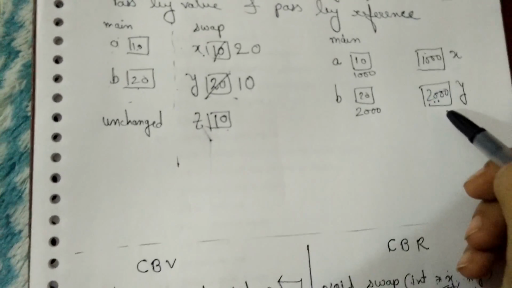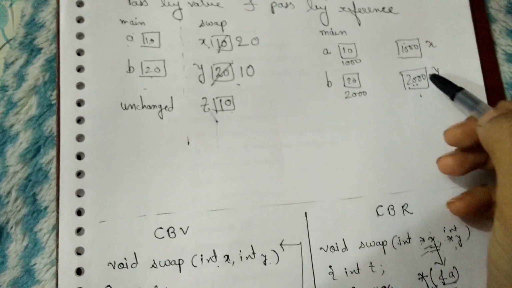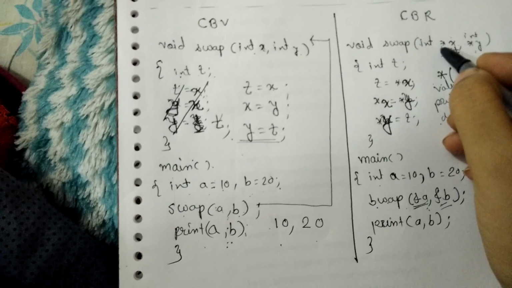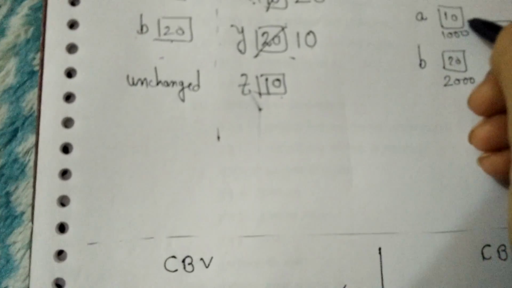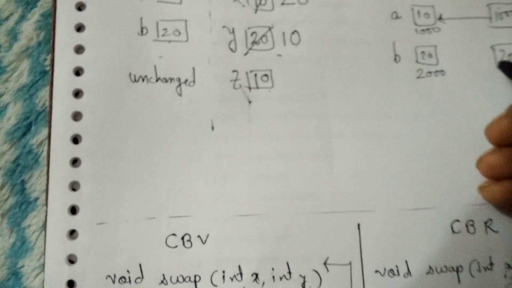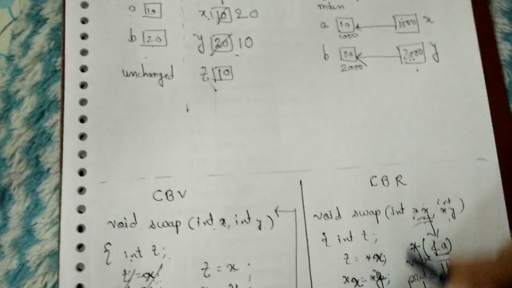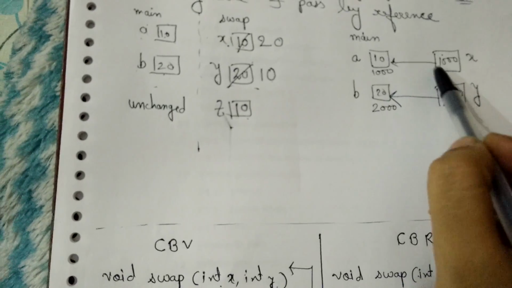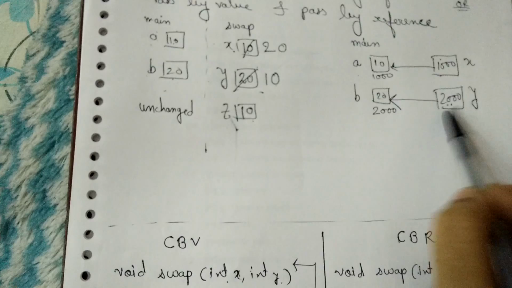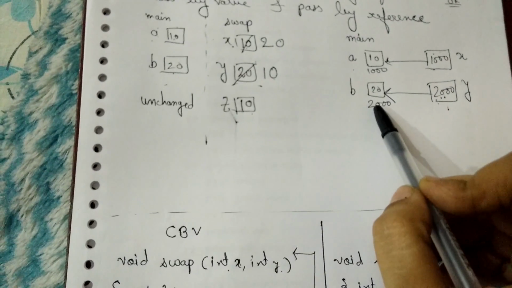So instead of values, X and Y have the addresses. In front of them there is a star, which indicates that it is pointing to this one and to this one. So it is the value present at this address, and the value present at this address.